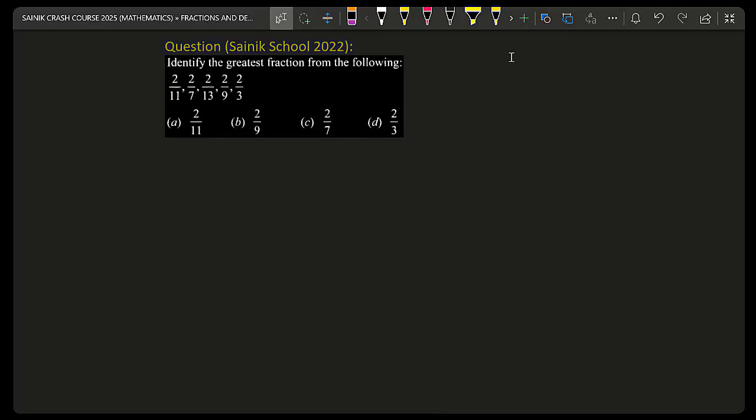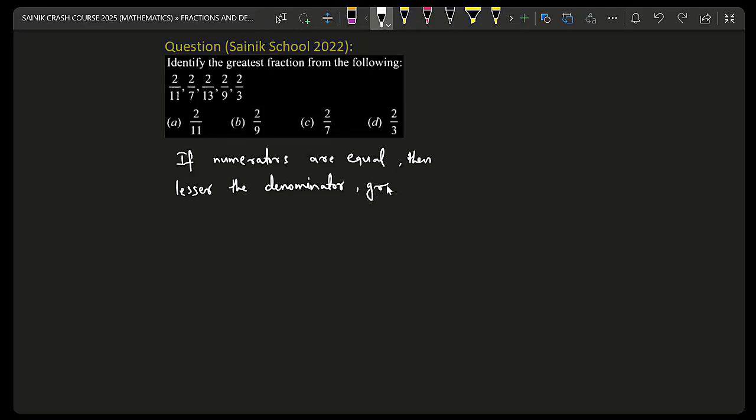So let me write that to recall again: if numerators are equal, then lesser the denominator, greater the value. So you want the greatest fraction, so the greatest fraction will correspond to the least denominator. The least denominator is found in 2 by 3. 3 is the least. So the greatest one is 2 by 3.